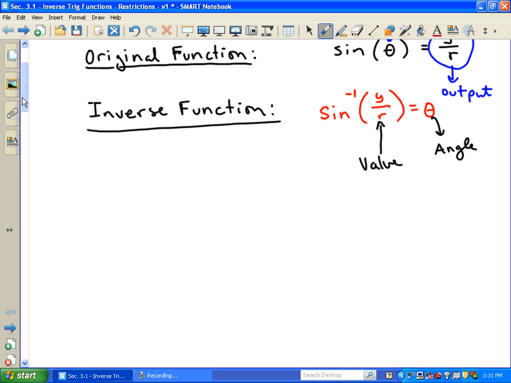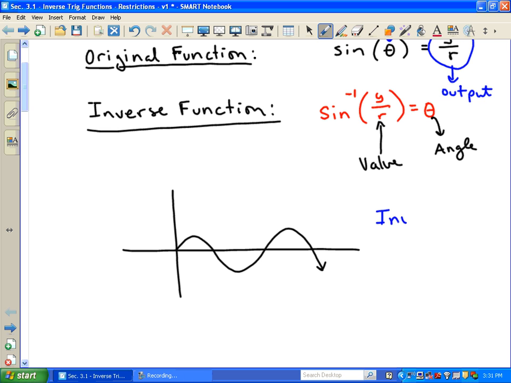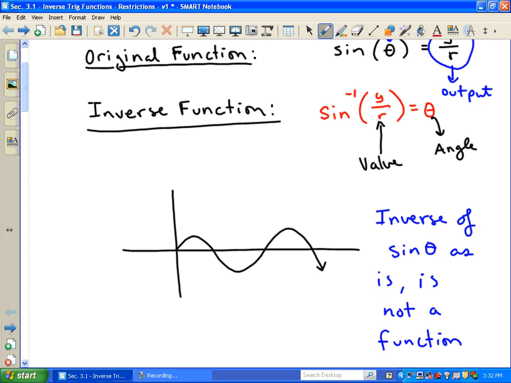So for example, if we just think about the graph of sine, it looks something like this. If we took the inverse of that particular function, the inverse of sine as it is, is not a function by the horizontal line test.